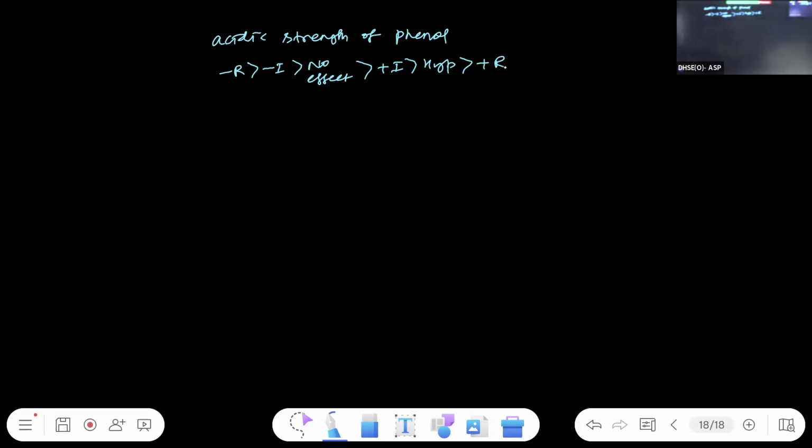Note it down, student. Minus R and minus I increase the acidic strength of phenol, whereas plus I, hyperconjugation and plus R decrease the acidic strength of phenol. Okay, quick.